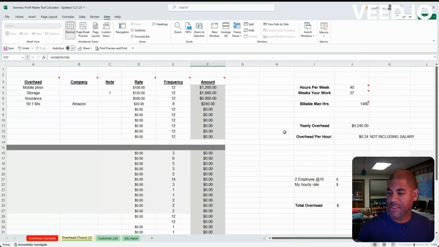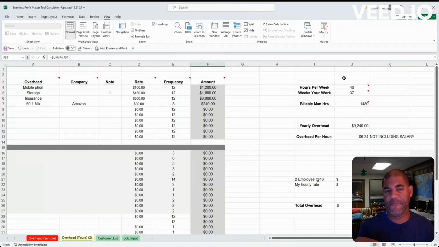So once we get over here to this right side, now we're going to look at how many hours per week you work. Typically, we want to stick with 40. Now, depending on where you're at in the country, the number of weeks you work throughout the year may be different. So here in Oklahoma we're going to work about 37 weeks.